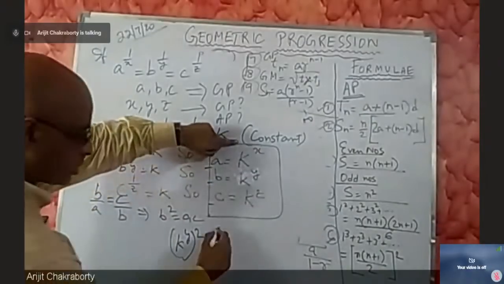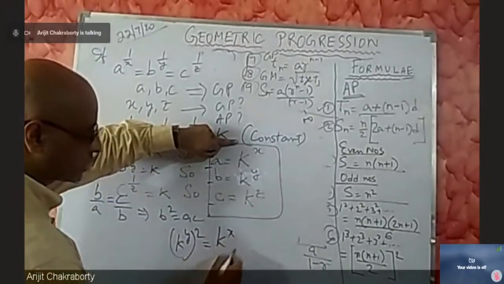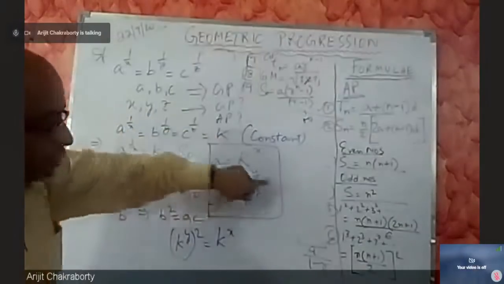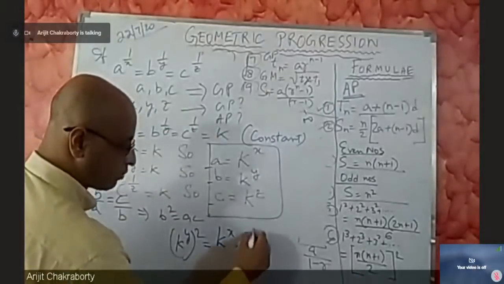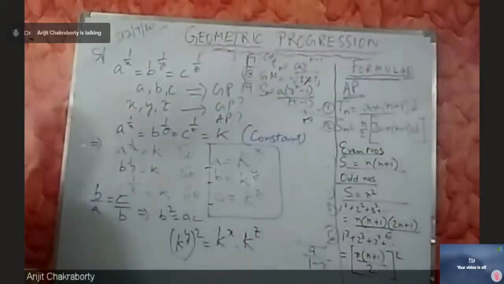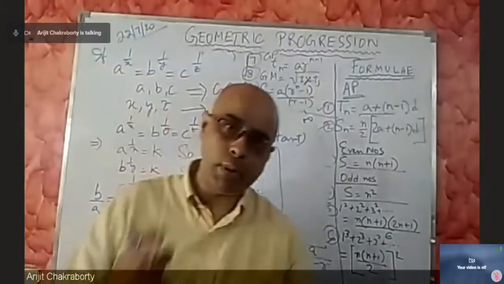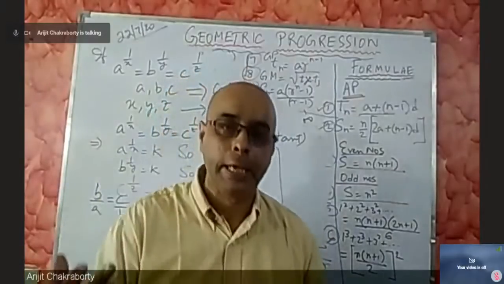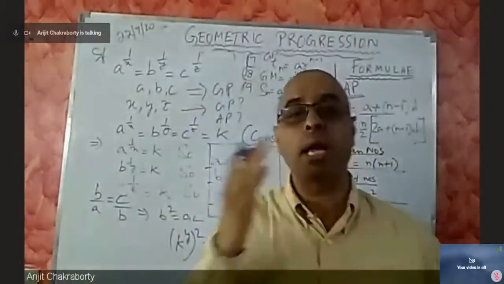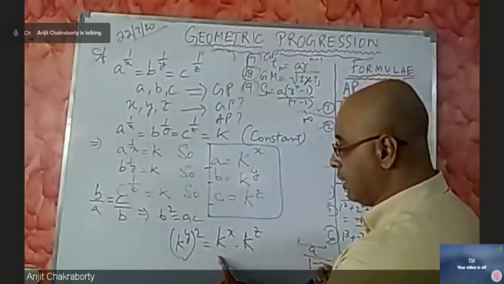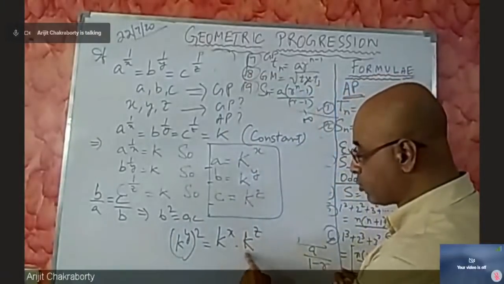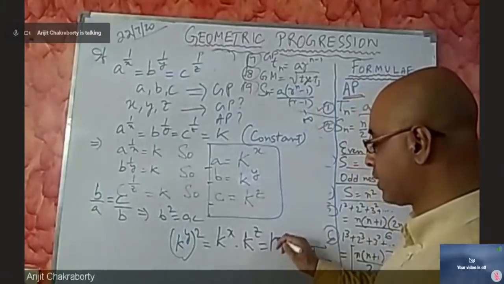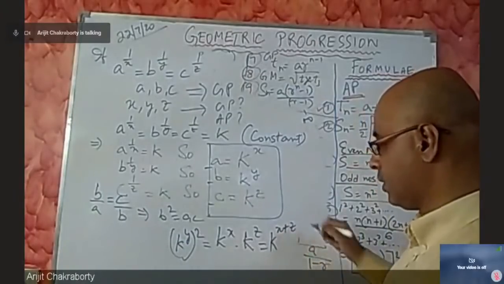a is how much? k to the power x. And c is k to the power z. So into k to the power z. Friends, you know a to the power m into a to the power n is equal to a to the power m plus n. So same thing, k to the power x into k to the power z will be equal to k to the power x plus z.